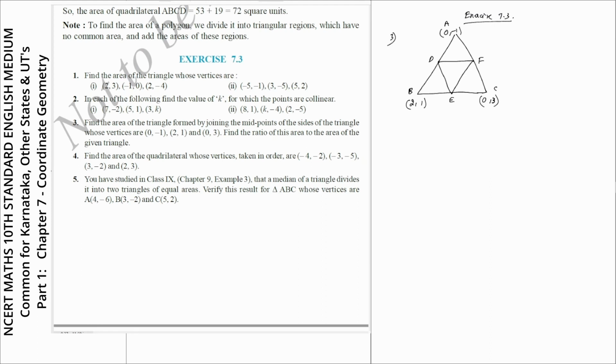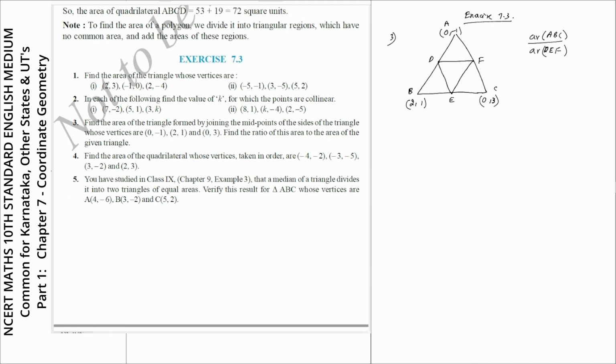Now I should find the ratio of the areas of the triangle ABC to the area of the triangle DEF. So I should find the ratio of the area of triangle ABC to the area of the triangle DEF.